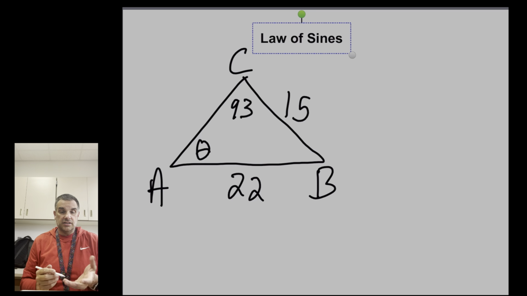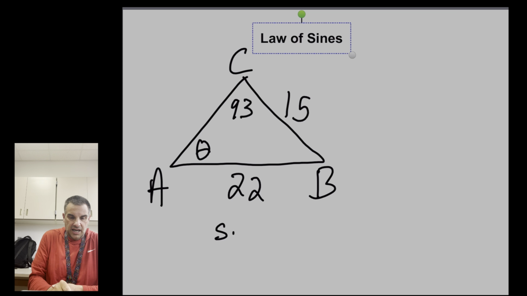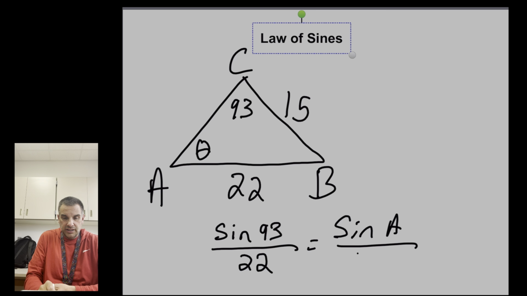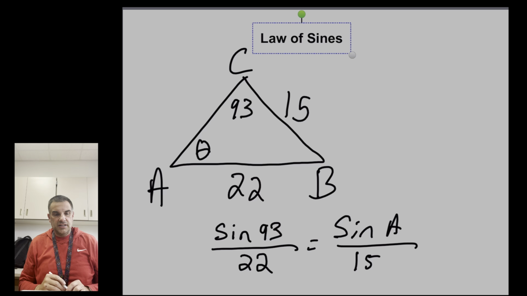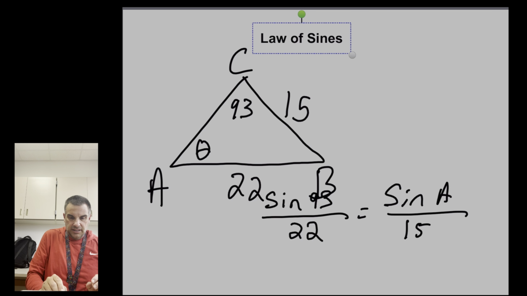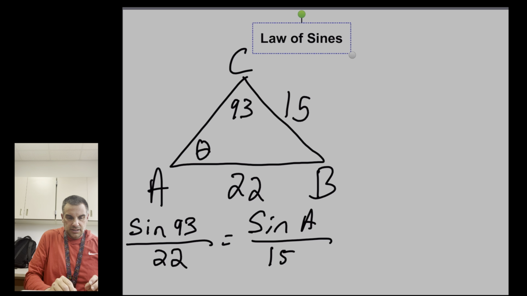We know the measure of angle C is 93, and the length of its opposite side is 22. So we go sine of 93 over 22, which equals the sine of angle A, which we don't know, so sine of A over the length of its opposite side, which is 15. Now we have everything we need, and I'm going to put this over here so I have some room to solve.